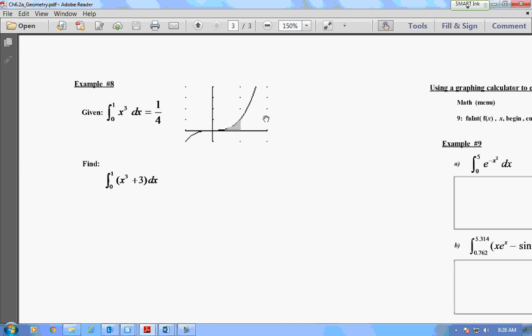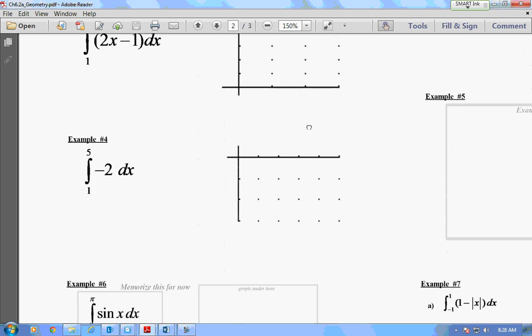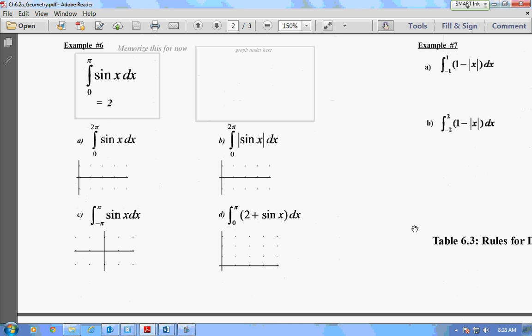The next one is a trig function. For right now, and once we get into a day or two, you'll know why this works. For right now, memorize this.